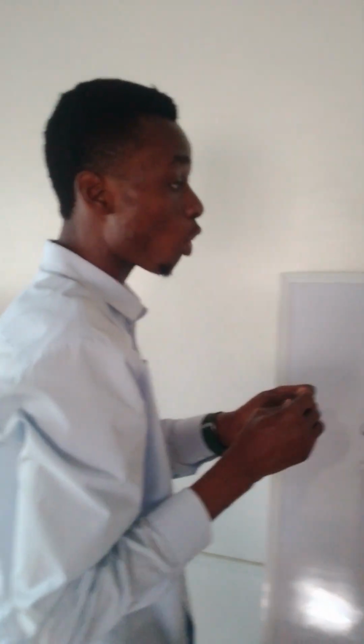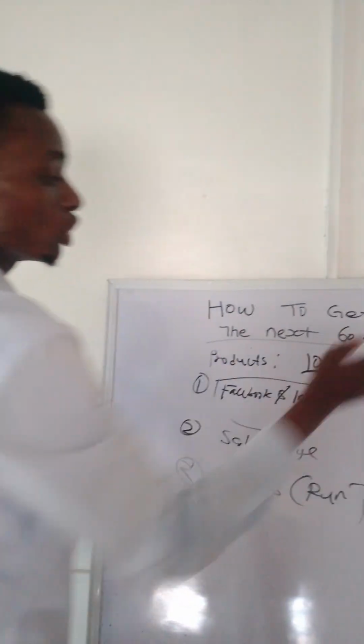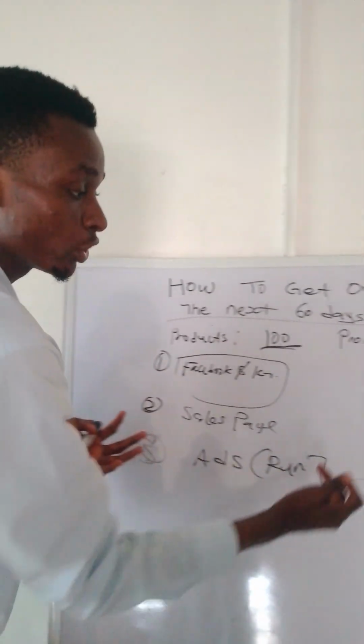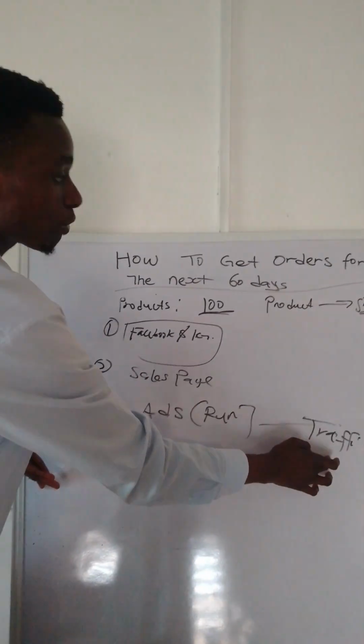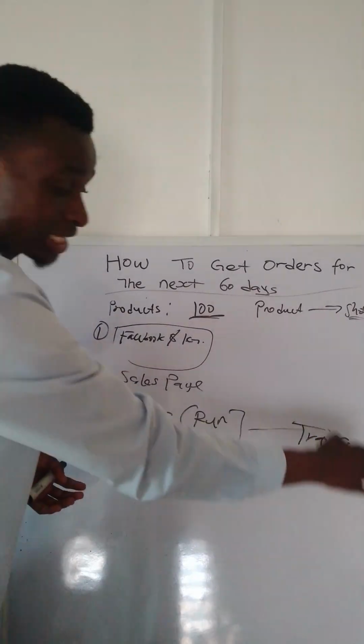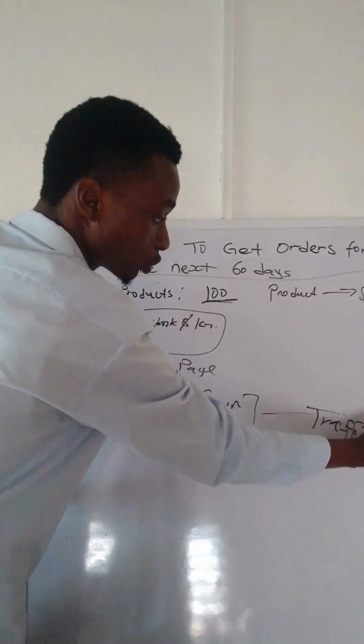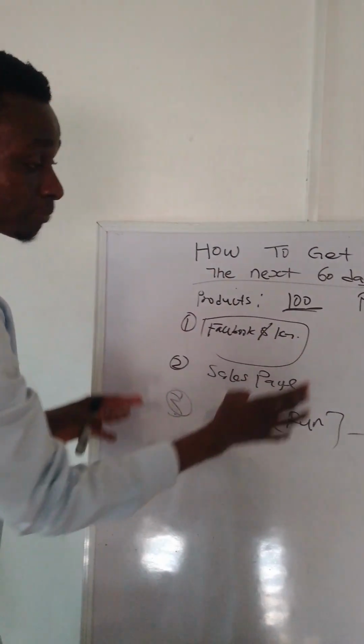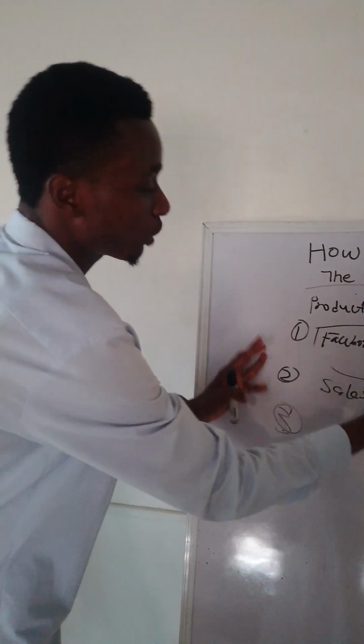If you want to get orders for your shoe business, you need to pull a number of traffic that will see your shoes and then result in them buying, which is sales. And to be able to do that this month, you need to use this process.